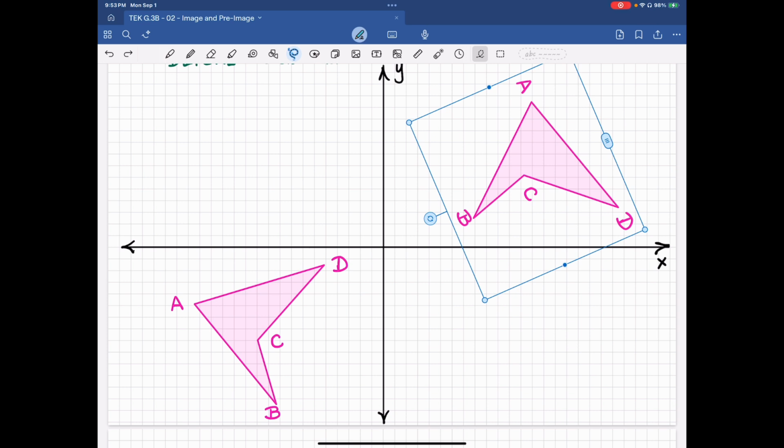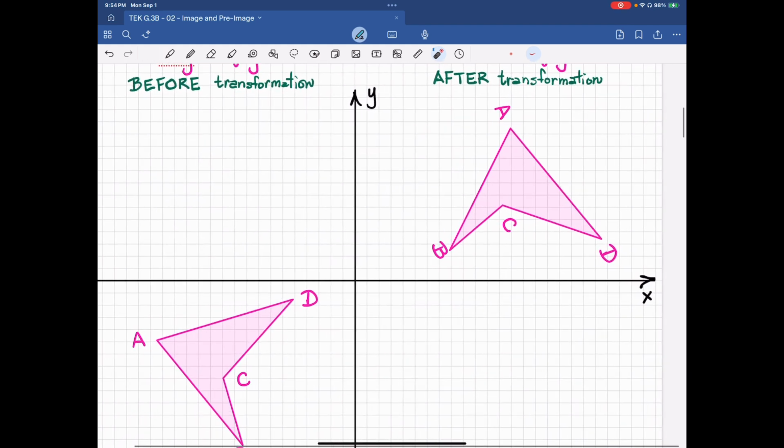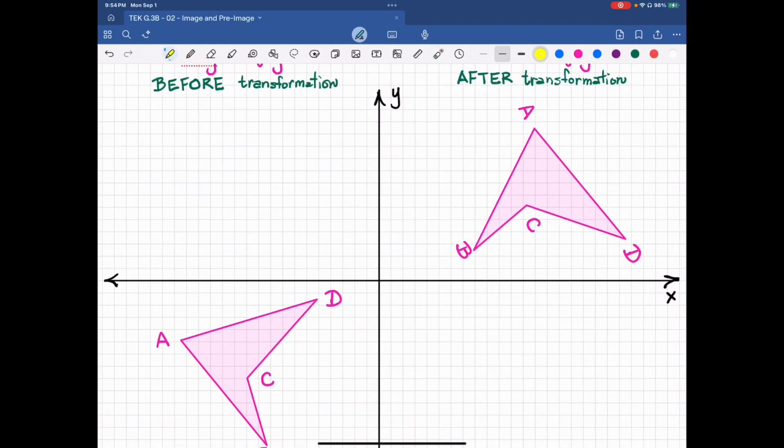So these two figures right here are congruent figures. I'm going to change the lettering on here so that we will remember which vertex goes where.